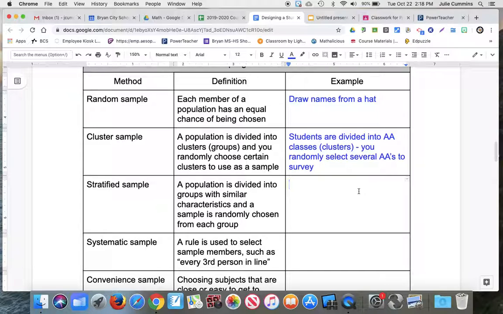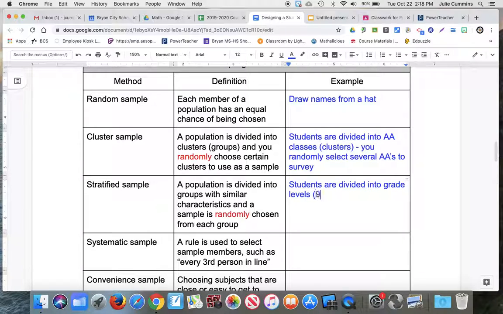A stratified sample is when the population is divided into groups with similar characteristics, and then you pick a sample from each group. Again, randomly. That is the key on all of these, that you are randomly selecting these people. If you're not, you may not get good data. All right, so an example of a stratified sample is students are divided into grade levels.